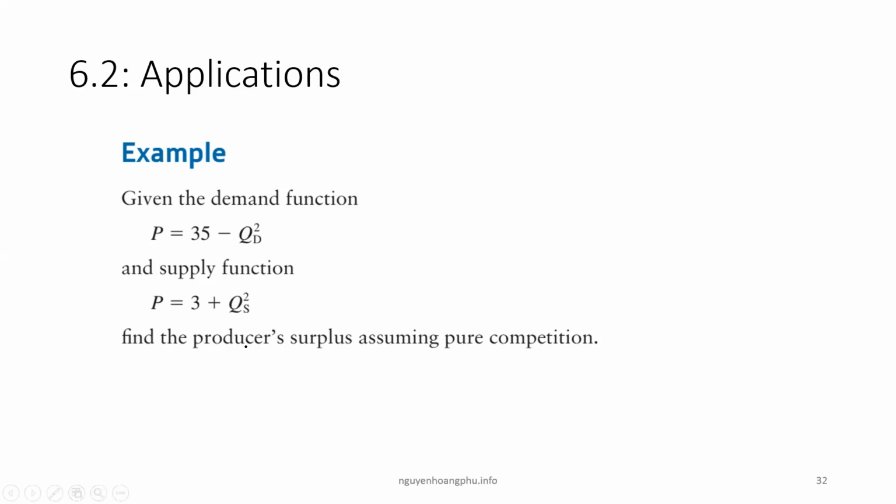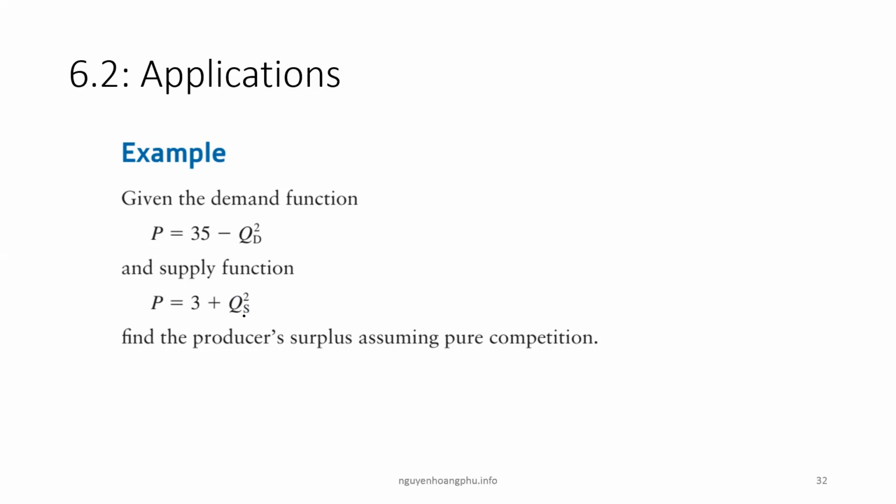So this example will be a little bit more difficult compared to the previous functions. They give the demand function P equal to 35 minus Q_D squared, and supply function P equal to 3 plus Q_S squared.